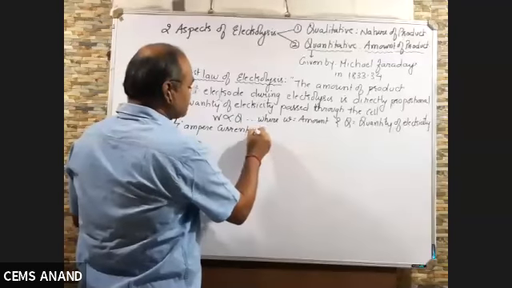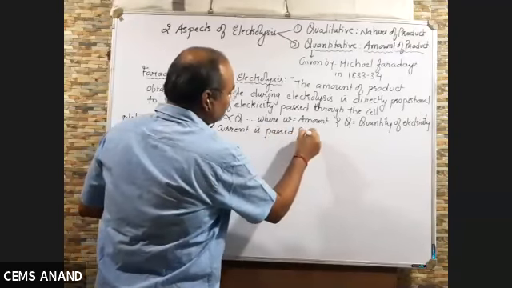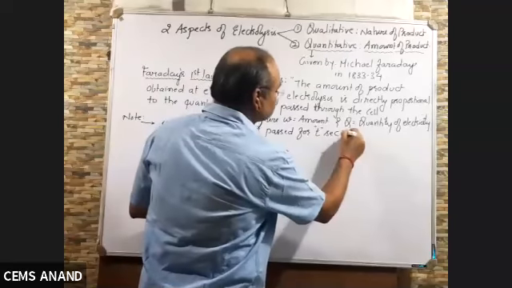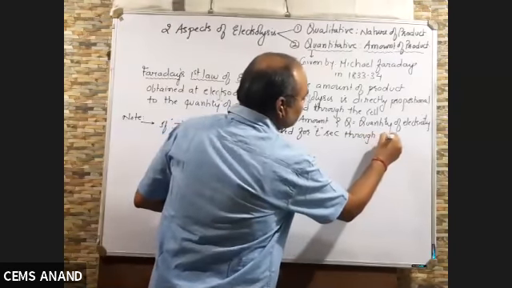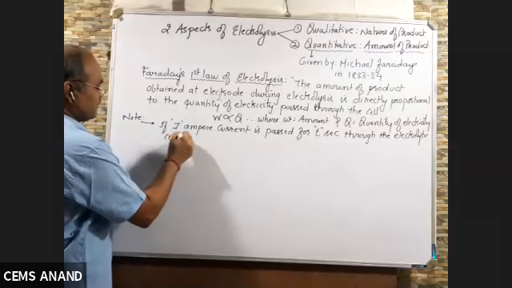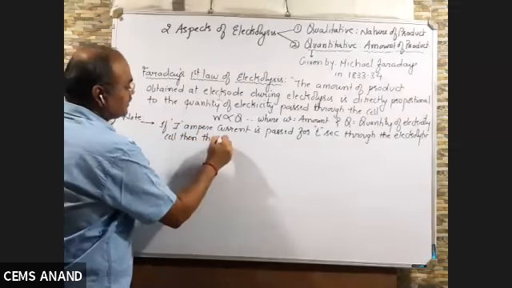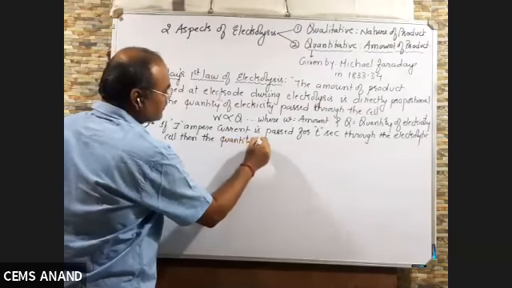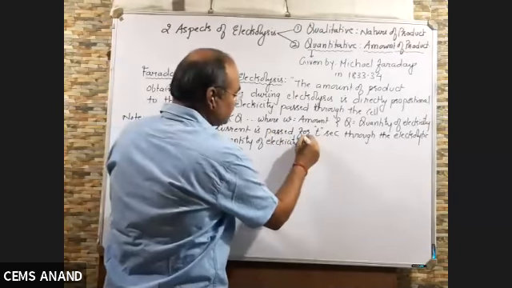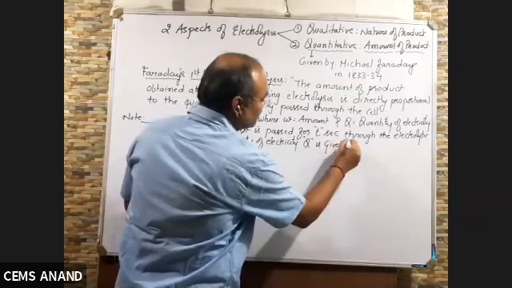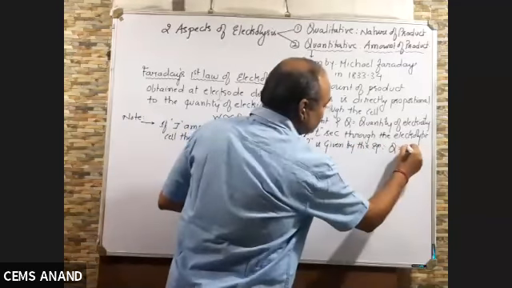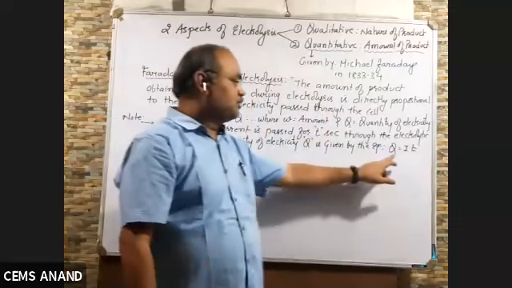If I ampere current is passed for T seconds through the electrolytic cell, then the quantity of electricity Q is given by the equation you might have studied in physics: Q is equal to IT.